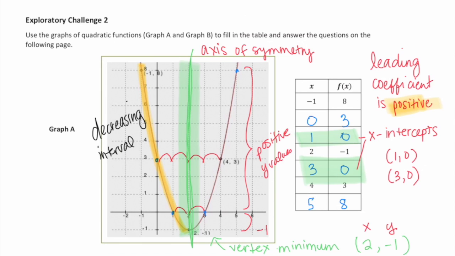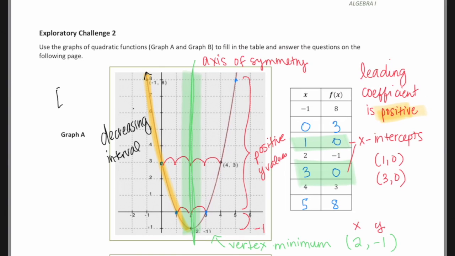Now, intervals, as you know, we refer to them using x values only, and intervals are just portions of the graph that move in the same direction. And so in this case, whenever we read the graphs, and all graphs are read from left to right, we notice that our decreasing interval comes first. And we start seeing this decreasing interval at -1. However, we know that this graph keeps going up.